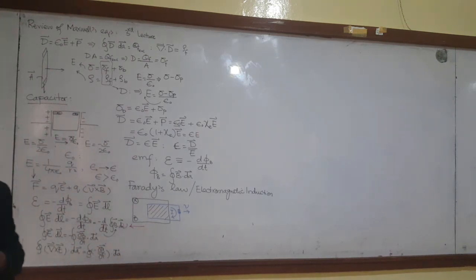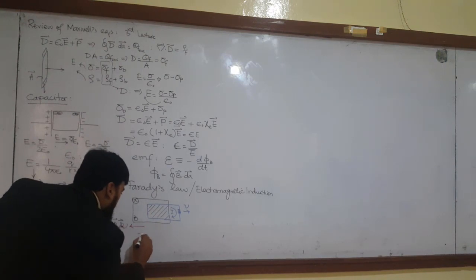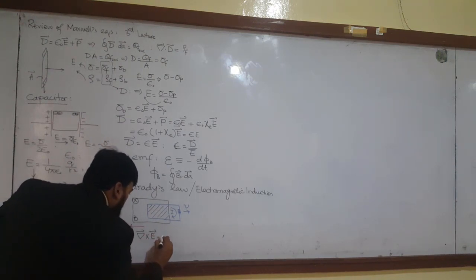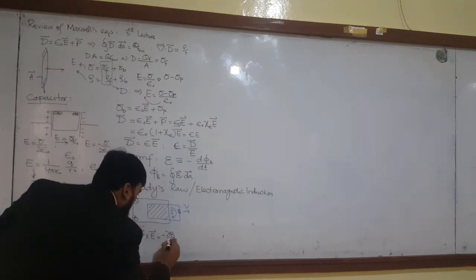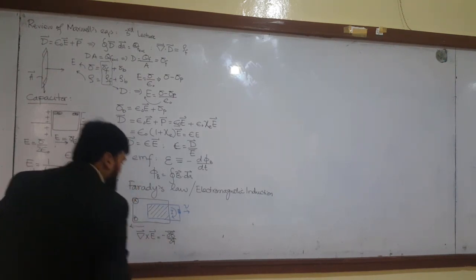Now on both sides you have the same area, so the area cancels, and you will have del cross E equals minus curly B over curly t.